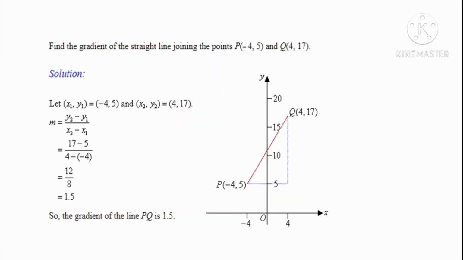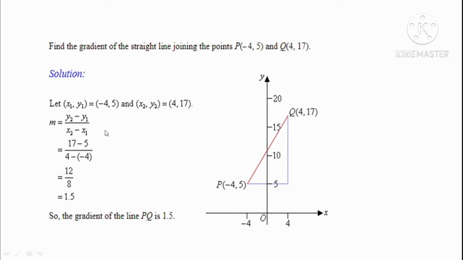Find the gradient of the straight line joining the points P, where x1 is -4 and y1 is 5, and Q, where x2 is 4 and y2 is 17. So this is the working step. You can follow the working steps.